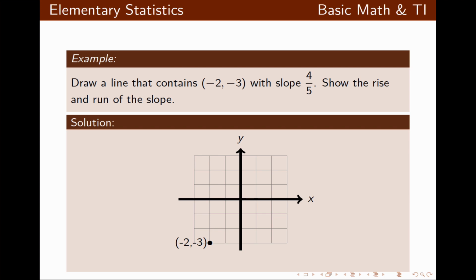Now, a slope of 4 over 5 means the rise, the numerator, is 4, and the run, the denominator, is 5. So we're going to go 4 units up from this point, and then we're going to go 5 units to the right for the run. Now we're ready to draw the line.